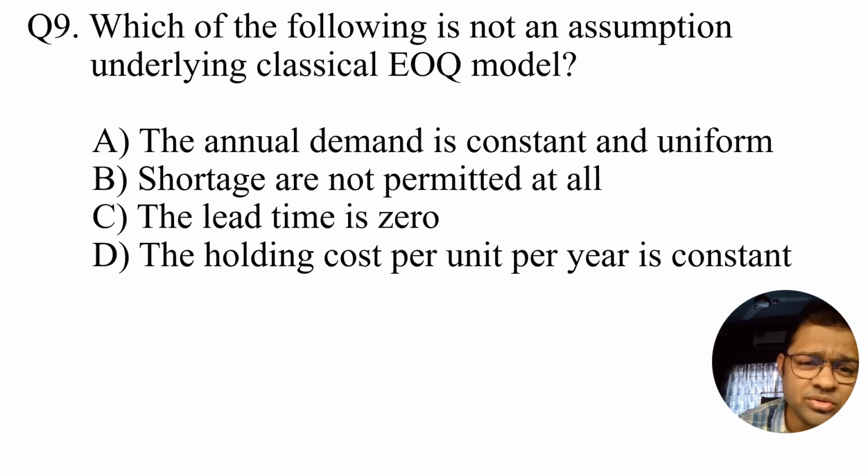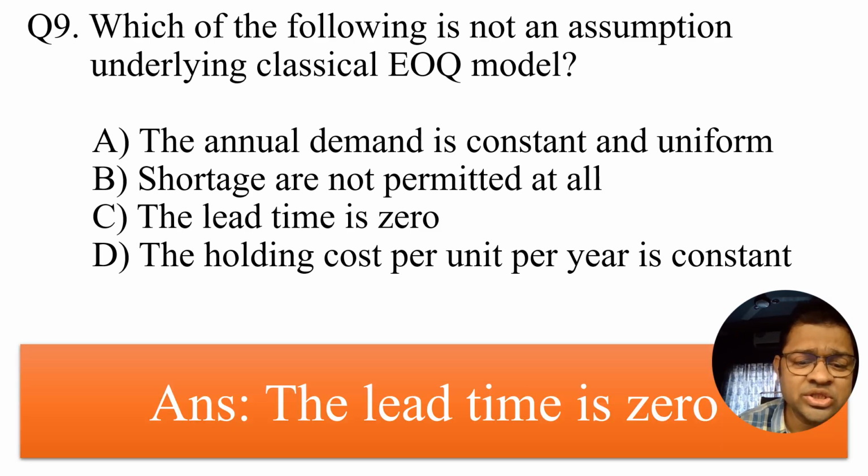Just one difference is found: the lead time is 0. This is the wrong answer. Why? Because the assumption highlighted is that lead time is constant, not 0. Many times when 0 comes up, our mind says it may or may not be the answer, but if it is constant, then all choices would be equal. But here it is 0, that's why the answer is that lead time is 0 is the wrong assumption.